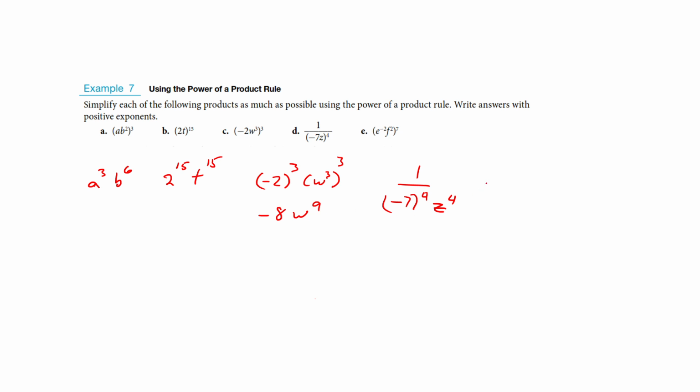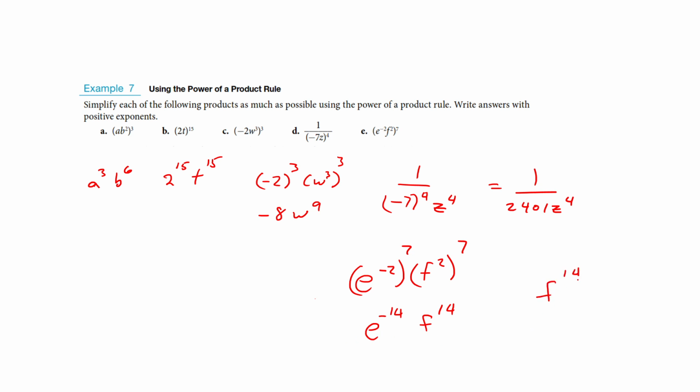So this would tidy up to be 1 over z to the 4th. Okay, we're giving this 7 to both of them. So we have powers to a power, so this is e to the negative 14th and f to the positive 14th. Now I wouldn't want that negative exponent typically, so I would move that e to the bottom.